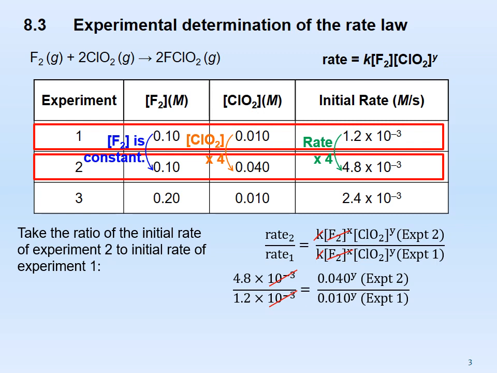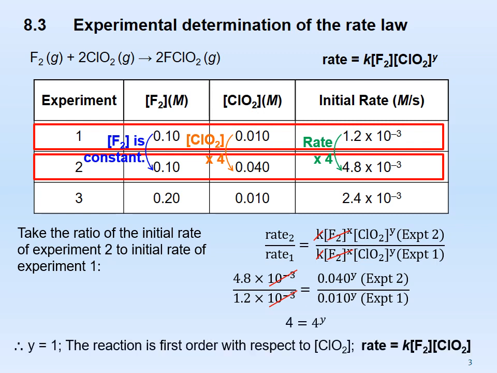So we enclose 0.040 divided by 0.010 within brackets, then raise this to the power of y. We get 4 to the power of y. 4 equals 4 to the power of y. Once again, y must be 1. Therefore, the reaction is also first order with respect to chlorine dioxide concentration.